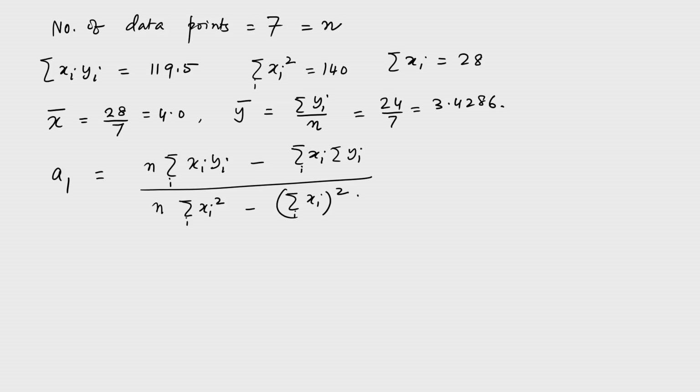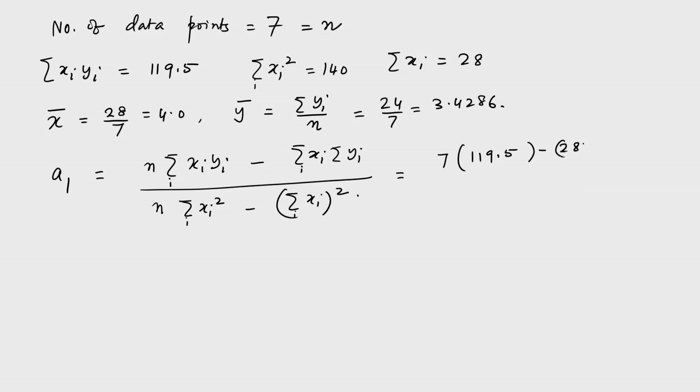Okay. So, if you put in all the values that we have obtained, n is equal to 7, and x_i y_i has a value 119.5.